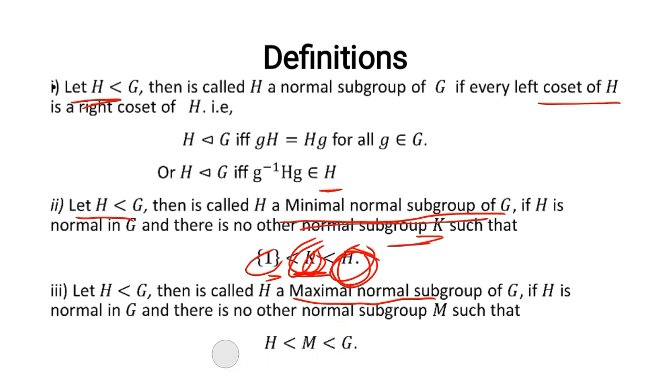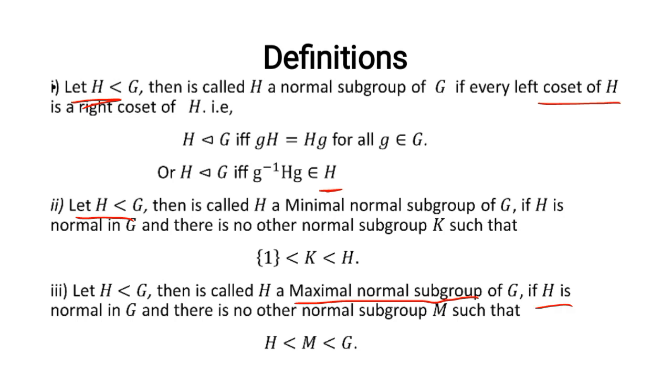Okay, so let's read it as it is here. H is a subgroup of G, then H is called a maximal normal subgroup if H is normal in G and there is no other normal subgroup M such that this relationship holds. So there's no M that can stand between H and G, where, like I said, G will be the dad and mom.